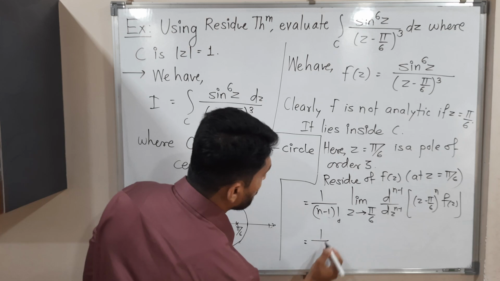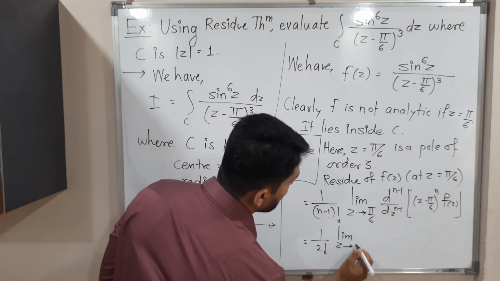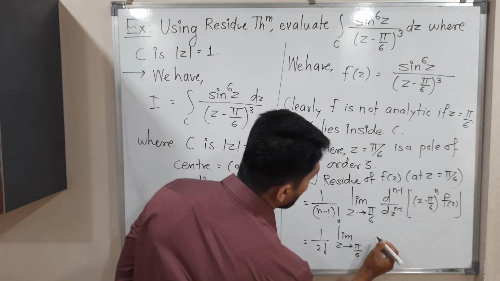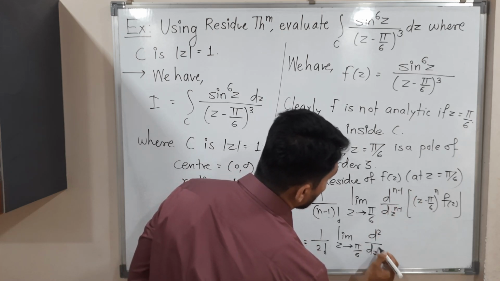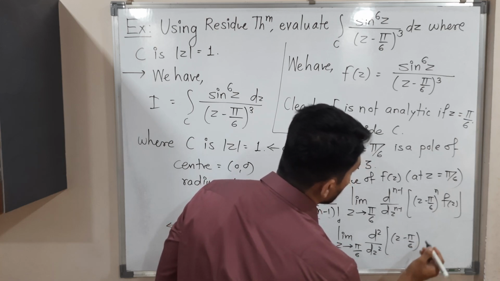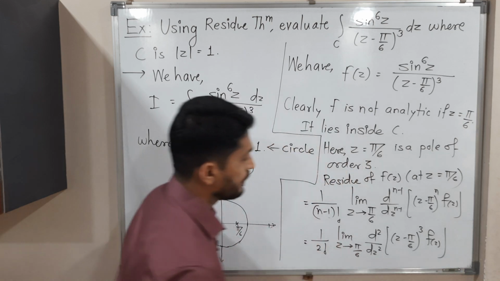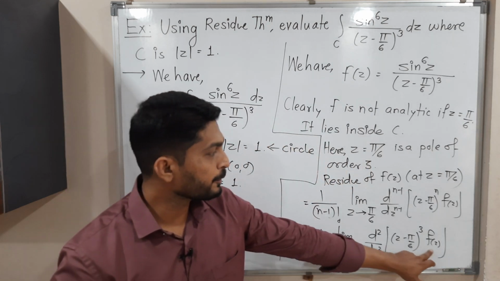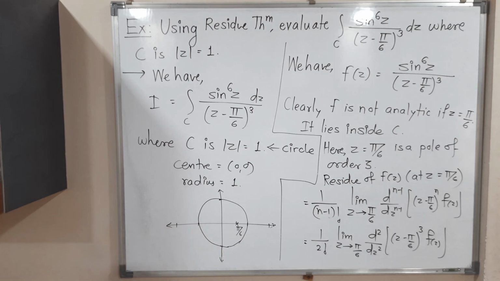So 1 upon 3 minus 1, that means 2 factorial, limit z tends to pi by 6, n minus 1 is 2, so we have to take the second derivative of z minus pi by 6 raised to 3 f of z. So obviously we have to put the value of f of z here.